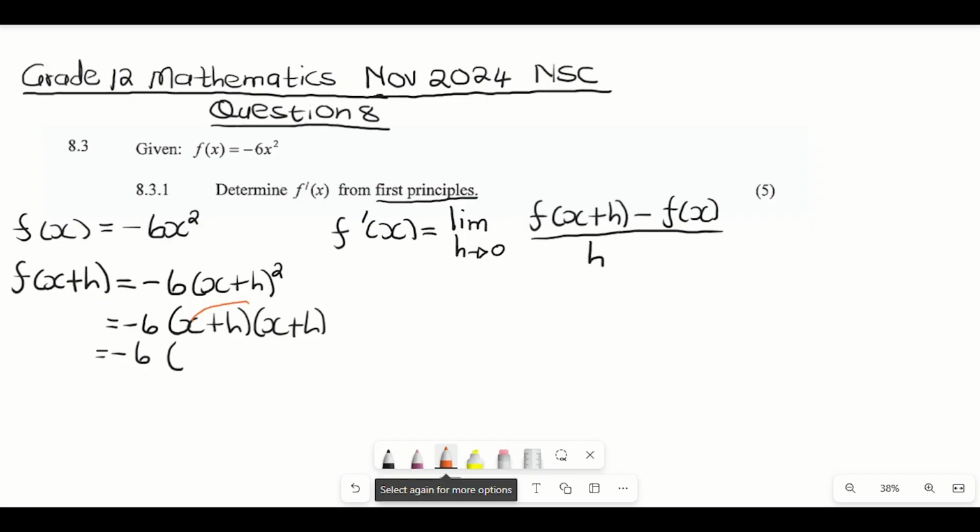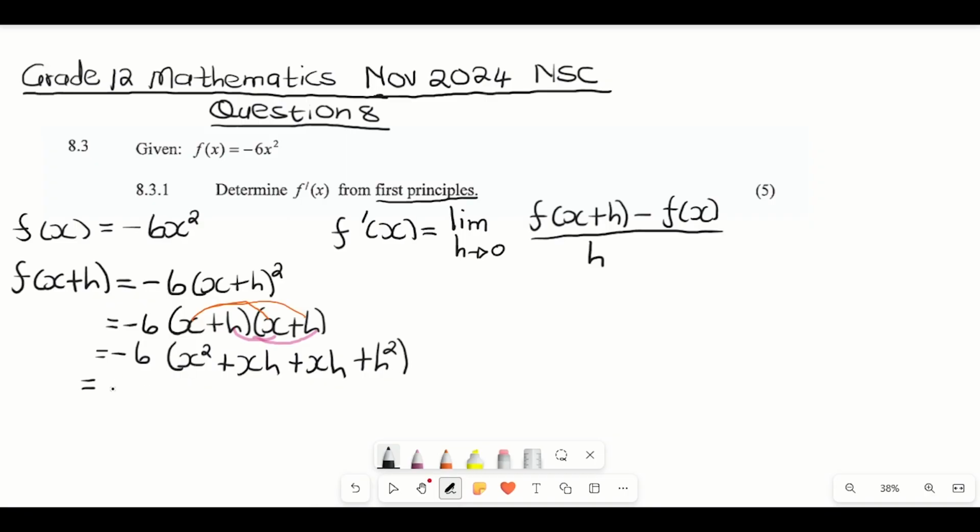This x times that x gives us x squared. Then that same x multiplied by this h gives xh. Then this h multiplied with that x is the same, xh. And then that h multiplying this h gives us h squared.